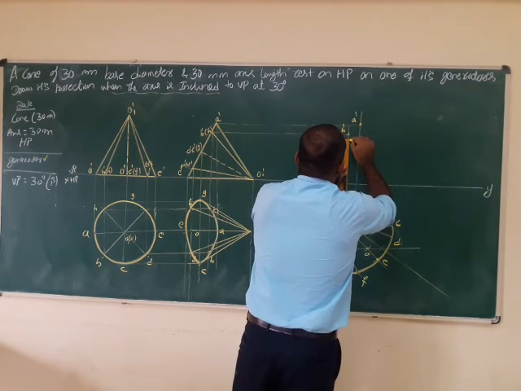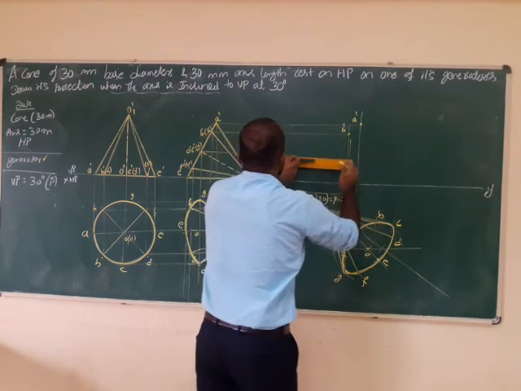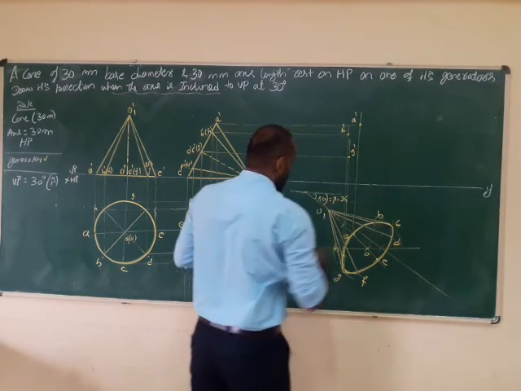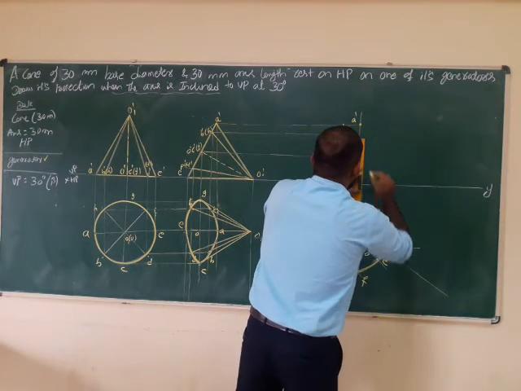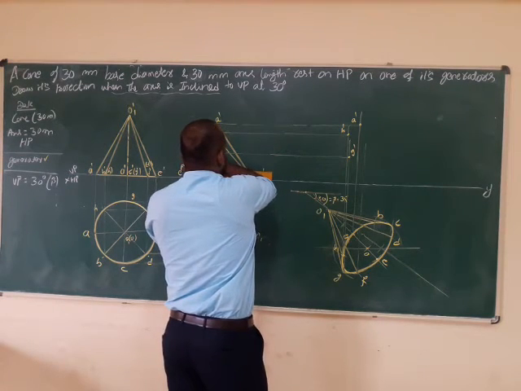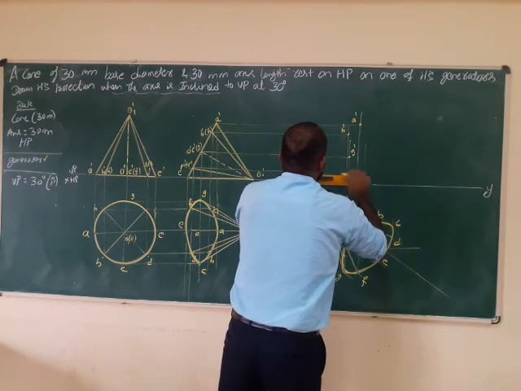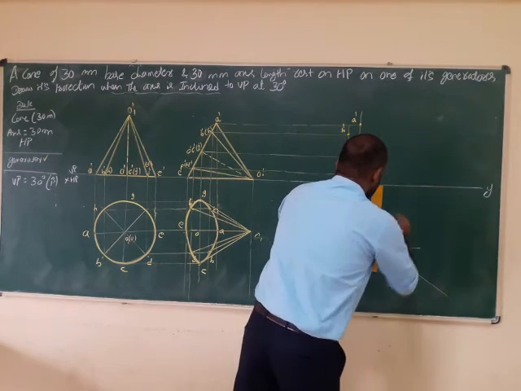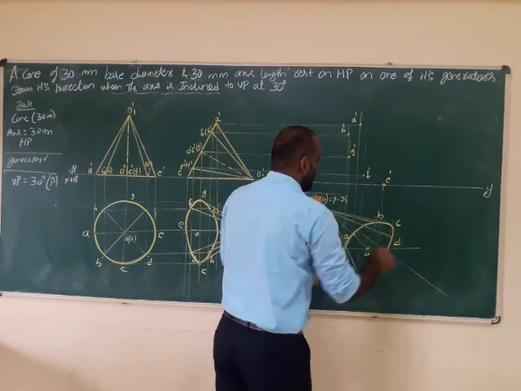Next, G line, the third line is called G. That point is called G dash. F, the fourth line is called F dash. Next, E, from this corner is called E dash.